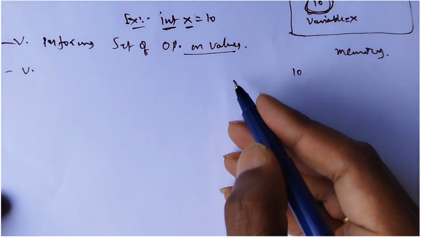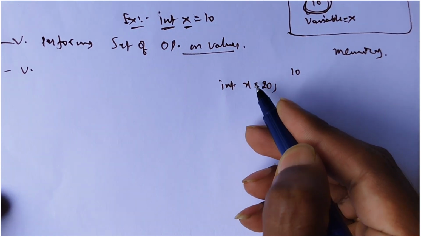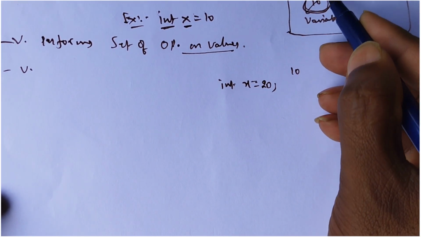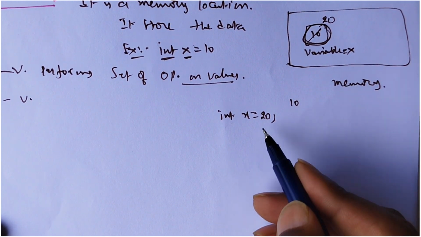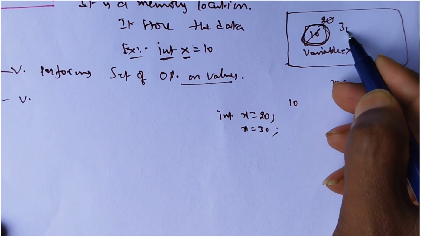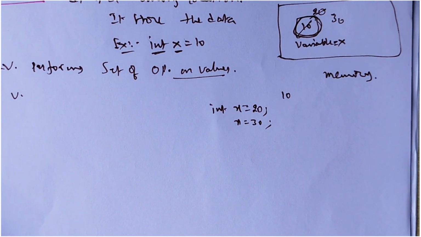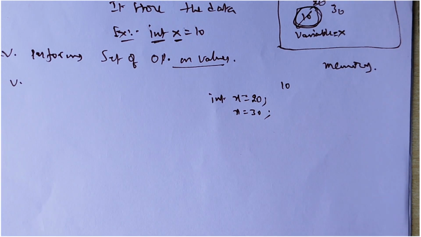In the next step, if you write x equals to 20, then what happened? This 10 value will be overridden with 20. If you write next x equals to 30, then this 20 will be overridden with 30. Like this, at the time of program execution, the variable values will be changed.